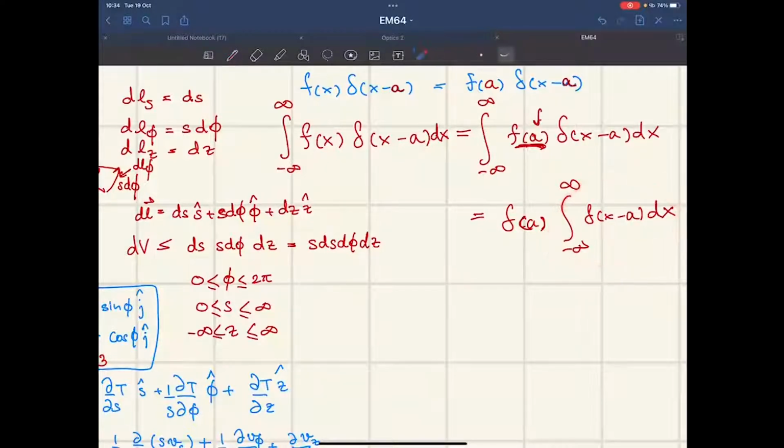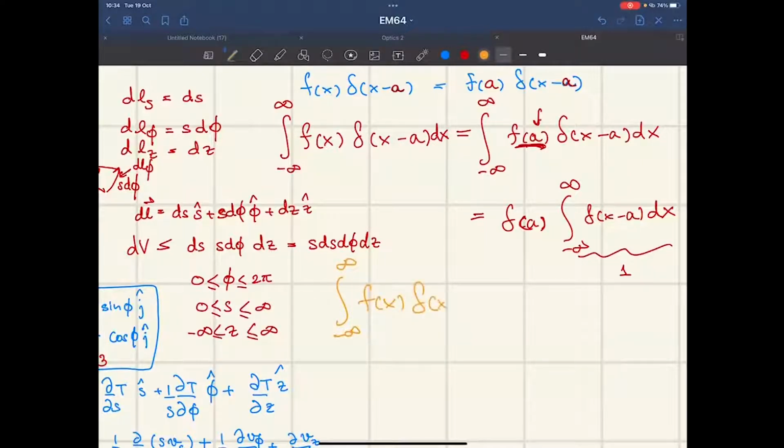If you understand what I said previously, prior to this topic, you must know what is the value of this integration. What is the result of this integration? 1. Yes, it's equal to 1.